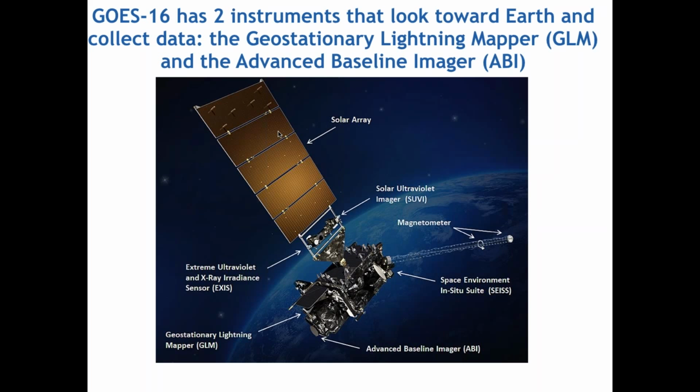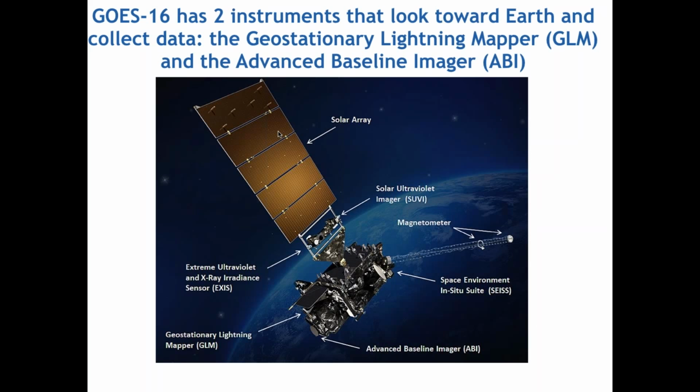GOES-16 is a geostationary platform. It has been under development for over 10 years, and it was launched about 1 year ago. Since then, it has been in a preliminary non-operational mode, undergoing operation and calibration testing. In spite of this preliminary status, it has already proved itself as an important tool to operational meteorologists.